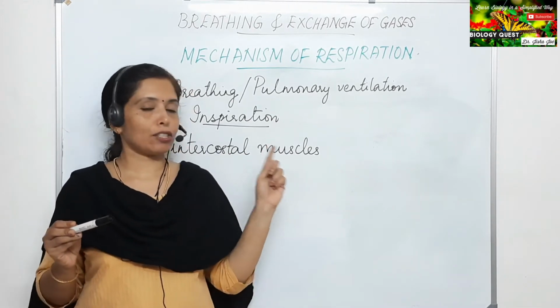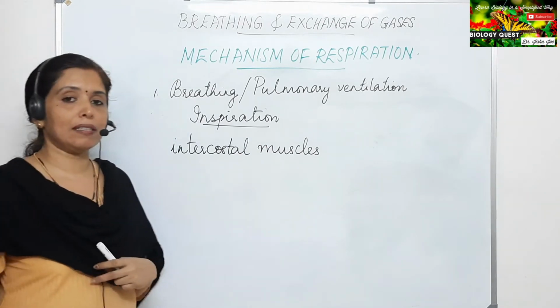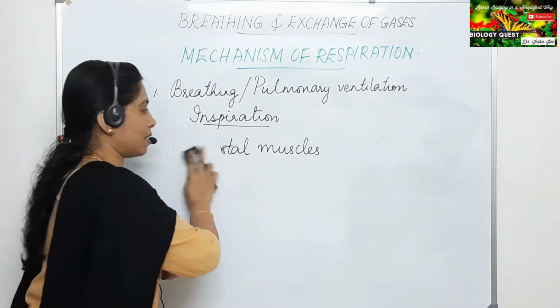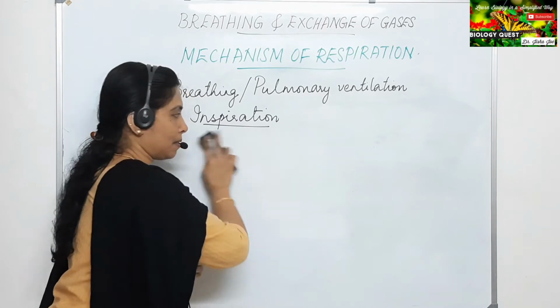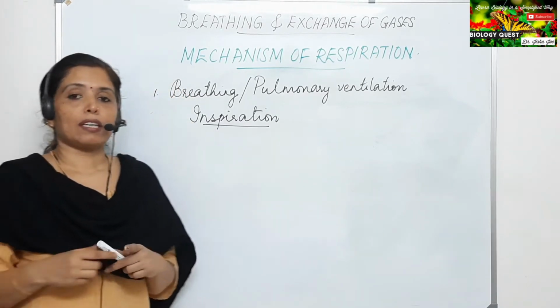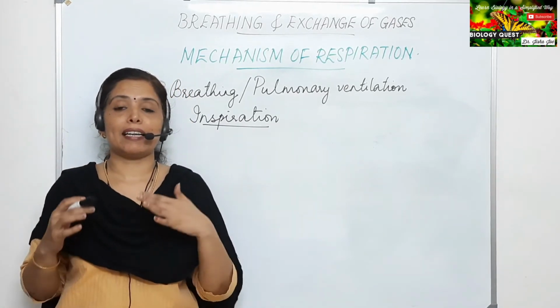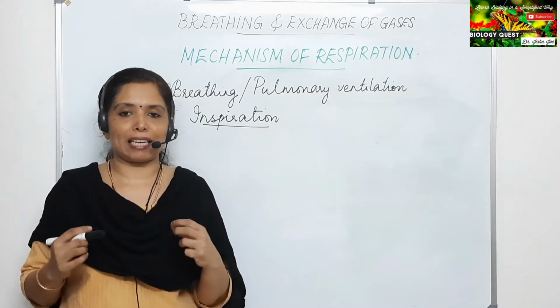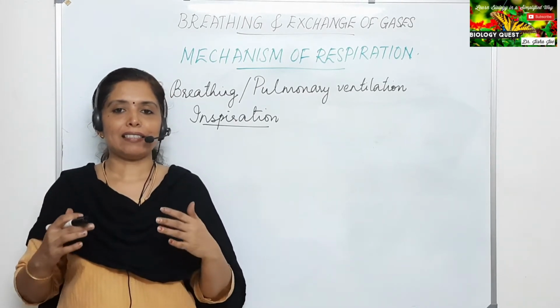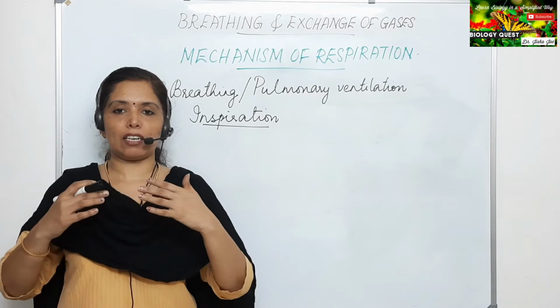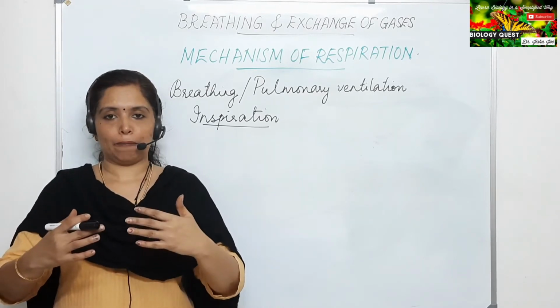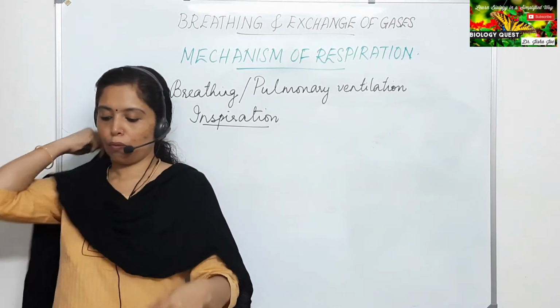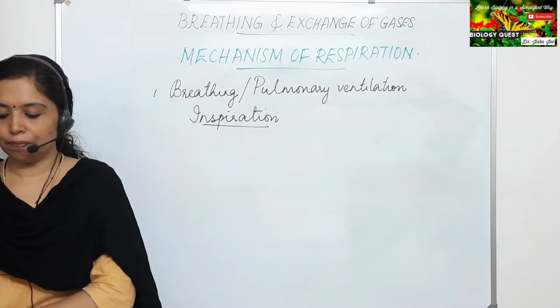As I told you, there are two types: internal and external intercostal muscles. The contraction of the external intercostal muscles takes place, and as a result the ribs and the sternum move upwards.